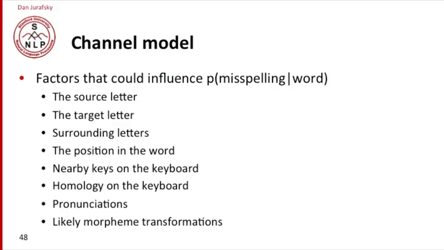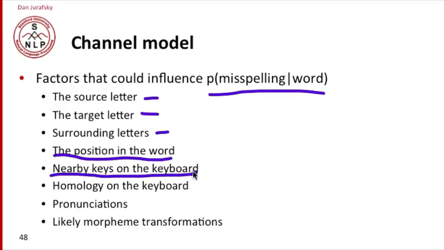And in fact, we could consider a very large number of factors that could influence the probability of a misspelling given the word, the channel model. So we've talked about the source letter or the target letter, and we talked about, maybe one surrounding letter, but we could look at more surrounding letters, or we could look at the position in the word. Maybe some errors happen in the middle of the word, some happen at the end. We might explicitly model the keyboard and talk about nearby keys on the keyboard, or homology.